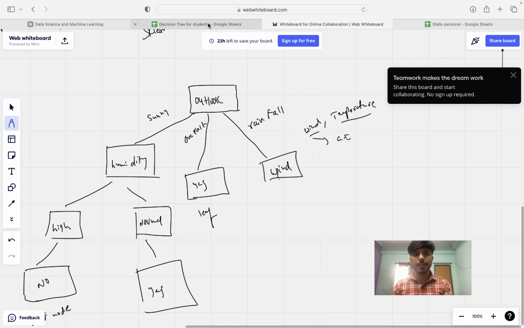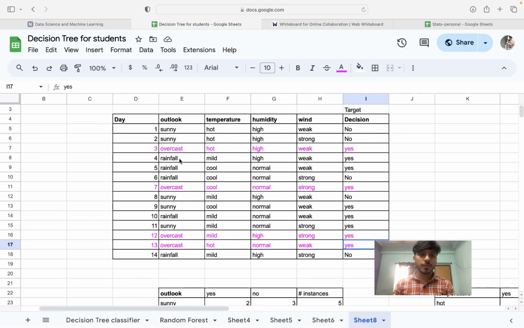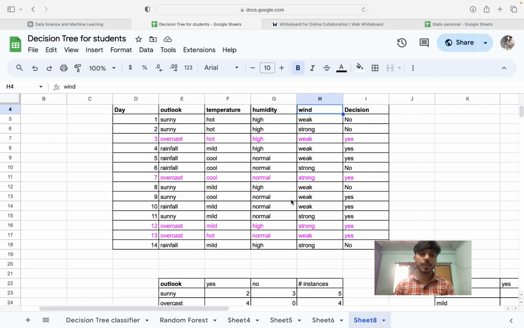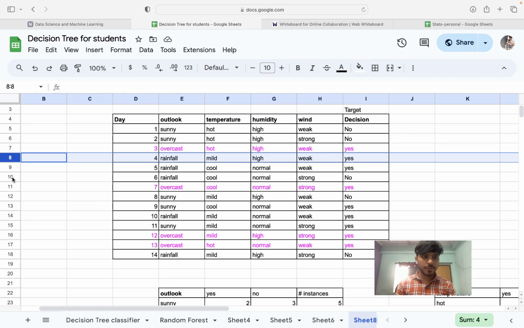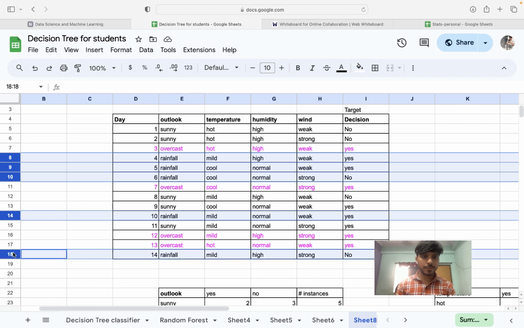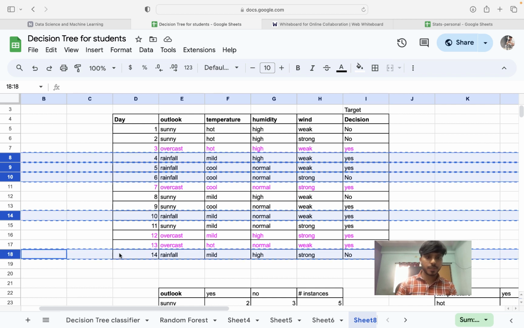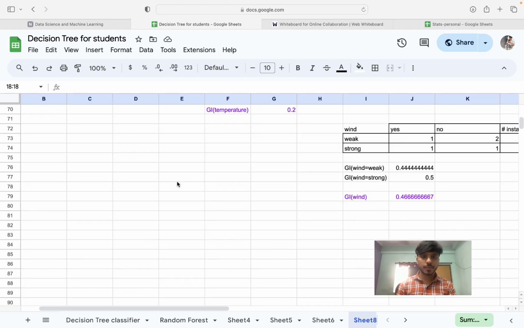The steps remain the same to calculate it. You pick the rainfall rows separately, and from there you calculate the Gini impurity for humidity, temperature and wind separately. So let me pick those rainfall rows 1, 2, 3, 4 and 5. These are the 5 rows that I have.